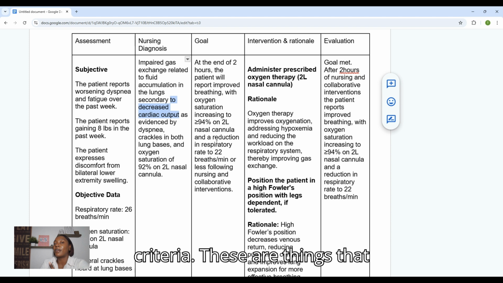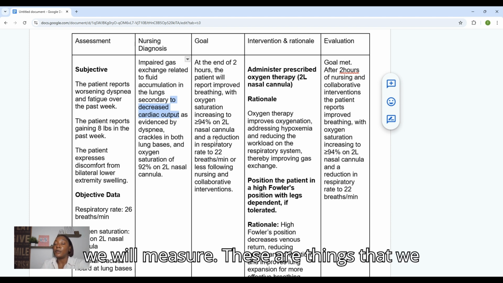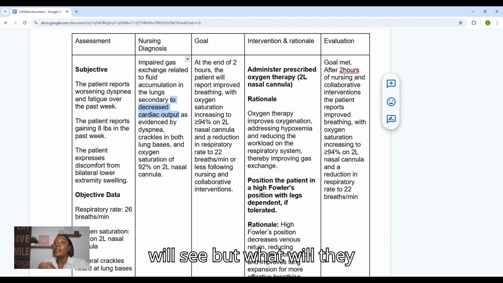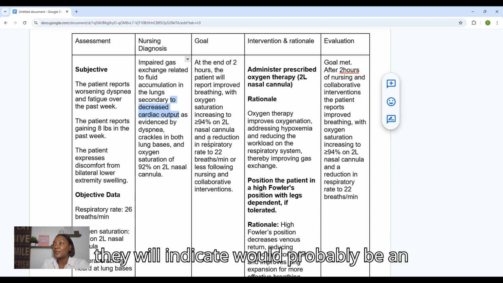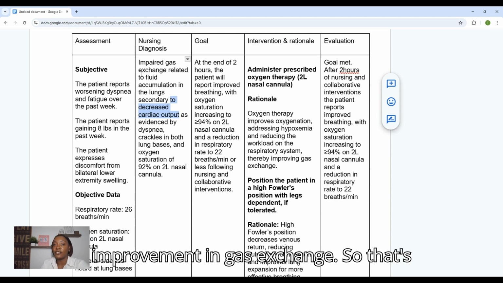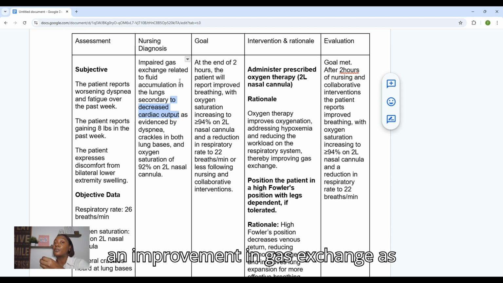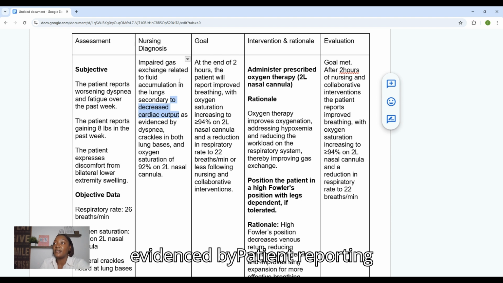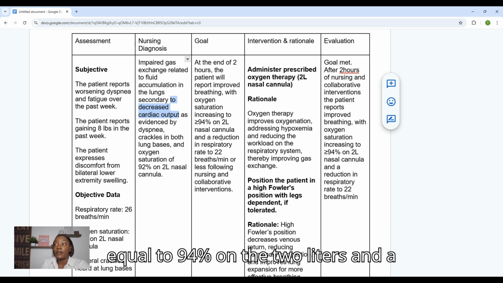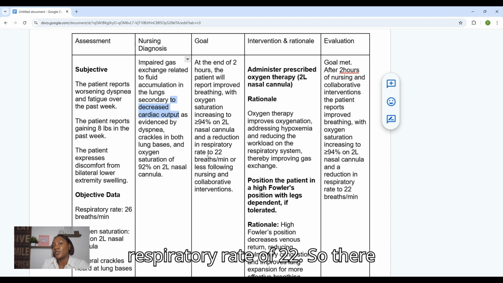These are actually criteria. These are things that we will measure, these are things that we will see, but what will they indicate? So, what they will indicate would probably be an improvement in gas exchange. So, that's the goal. The patient will achieve an improvement in gas exchange, as evidenced by patient reporting improved breathing, oxygen saturation greater than or equal to 94% on the 2 liters, and a respiratory rate of 22.